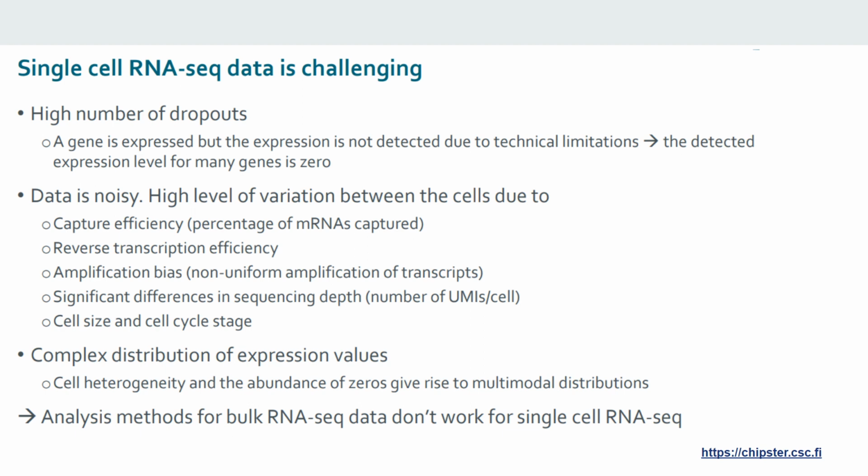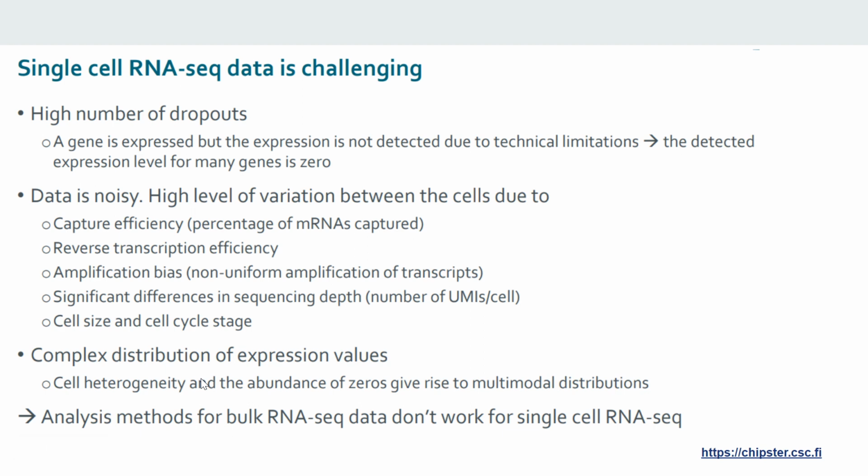You have to do normalization, scaling, transformation, and lots of other things. You have to do filtering, and you have to find highly variable genes. Lots of things we have to do because of these reasons. Next is the complex distribution of expression values. The range is very different.